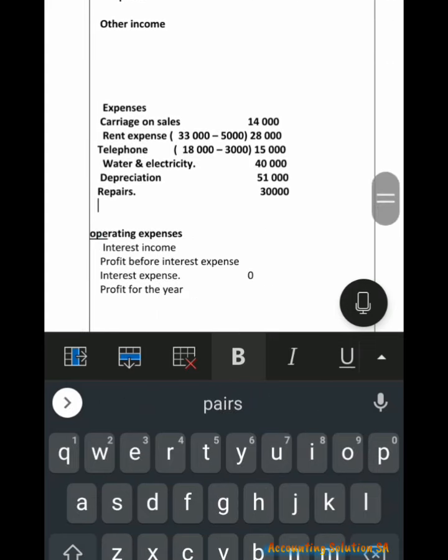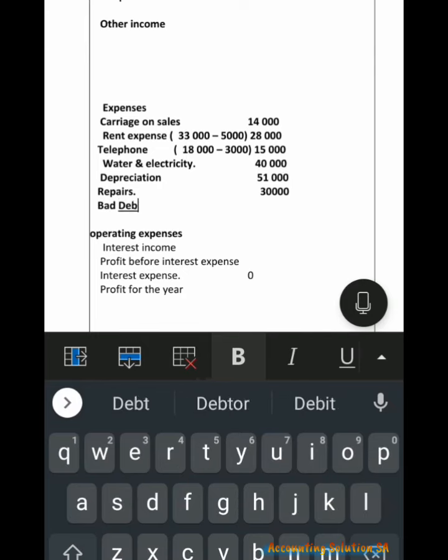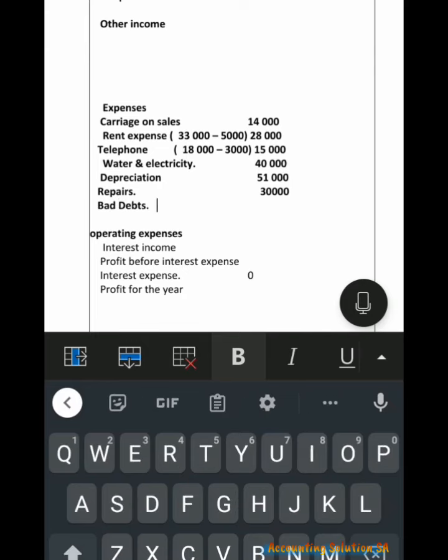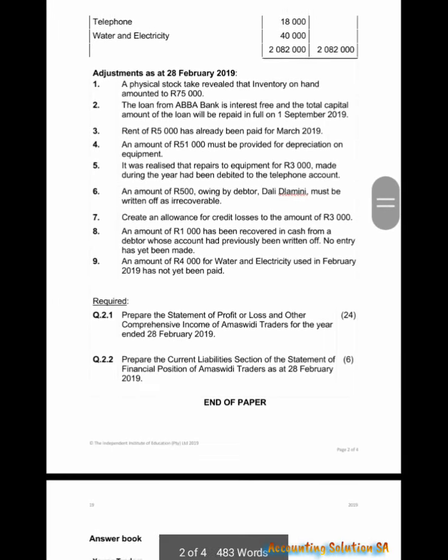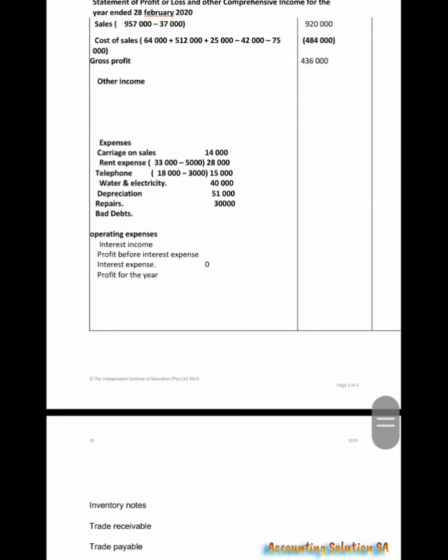Okay, so we're gonna record a bad debt, or you write it as a credit loss. Okay, we didn't have any other bad debt amount, which means that we just have to add the amount of 500.